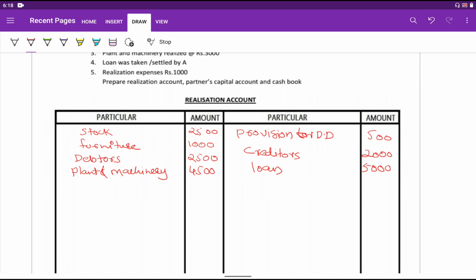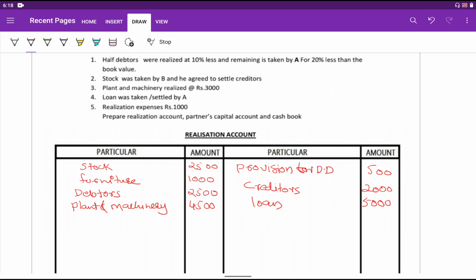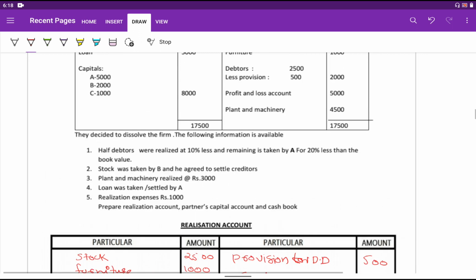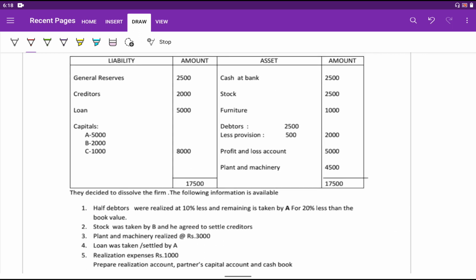Now the second step, the settlement step. We will realize all our assets and settle all our liabilities, so for that we go to the adjustments. What is the first adjustment? Half the debtors were realized at 10% less. What are the total debtors here? 2500. What is the half? 1250.